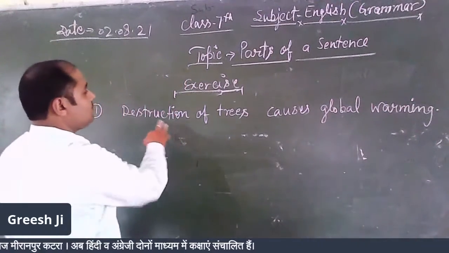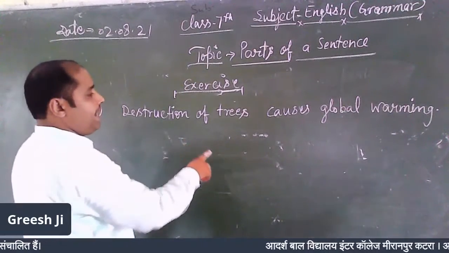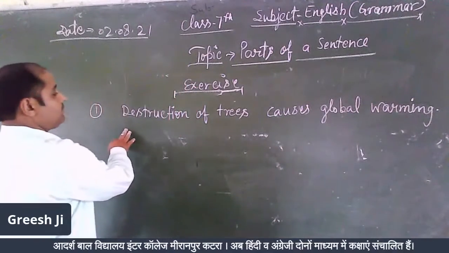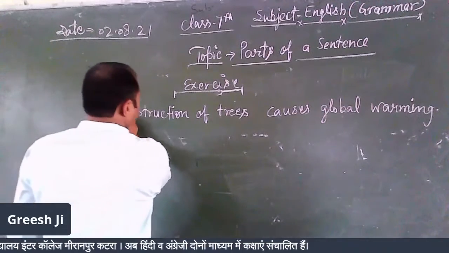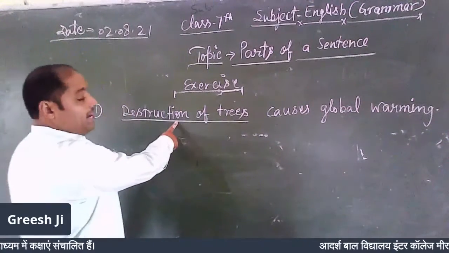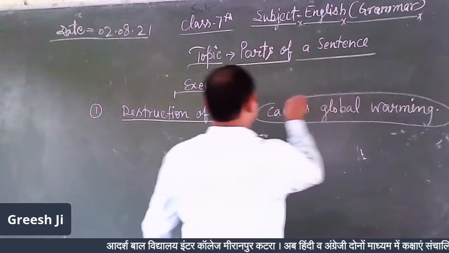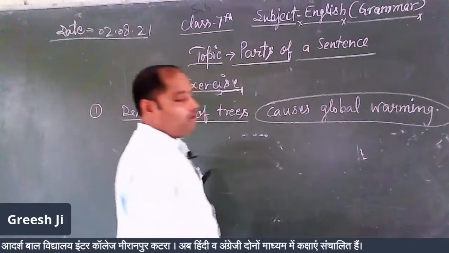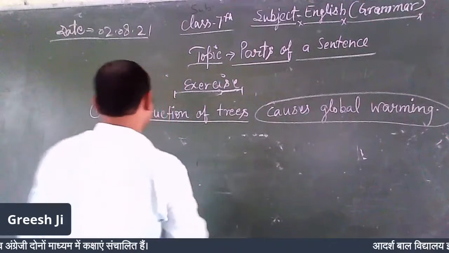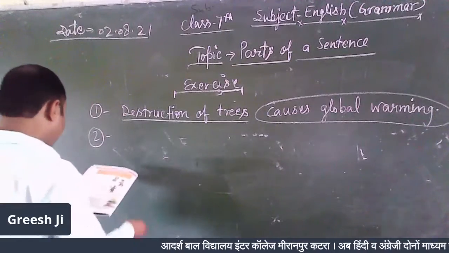In this sentence, we underline the part of subject and circle the part of predicate. Okay? Destruction of trees is a part of subject. Causes global warming, part of predicate.